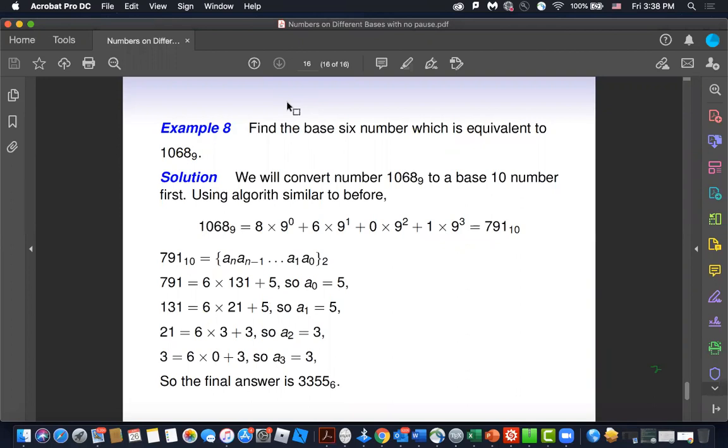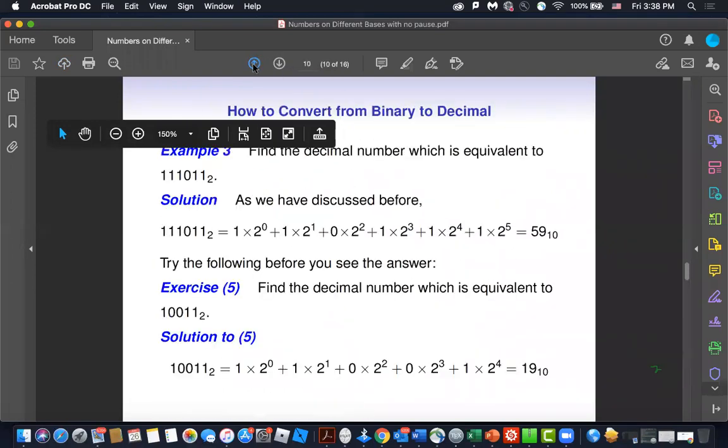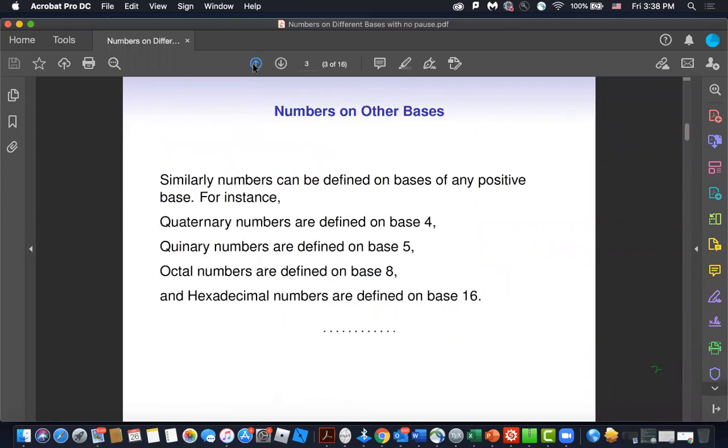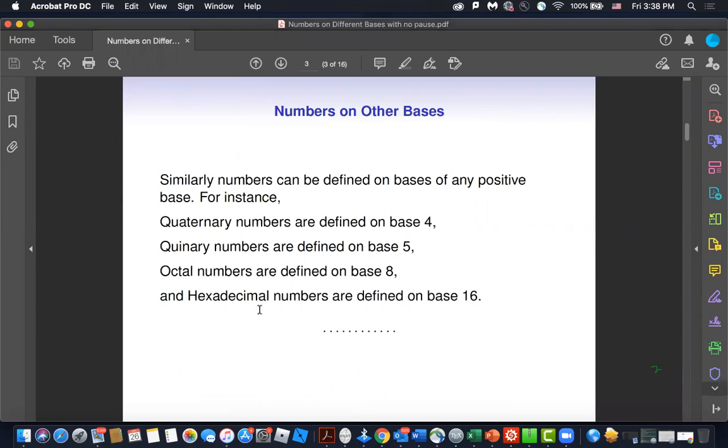And since 16 and 8 are both powers of 2, correspondingly the octal and hexadecimal numbers are also widely used in information systems, like computers and digital transmission. But we are not going to go deep in that direction, because we're about number systems only.